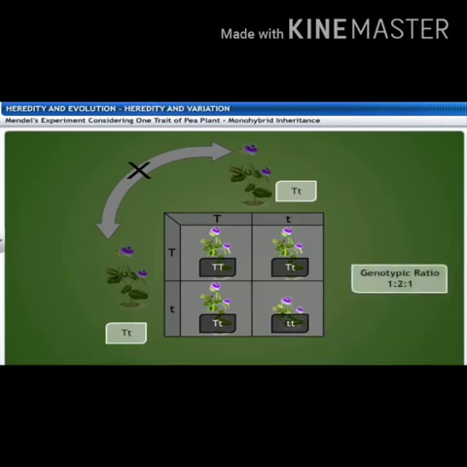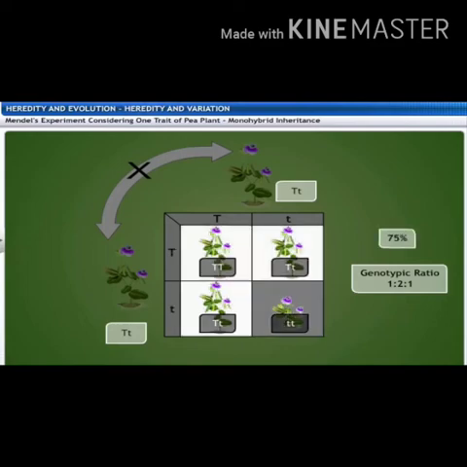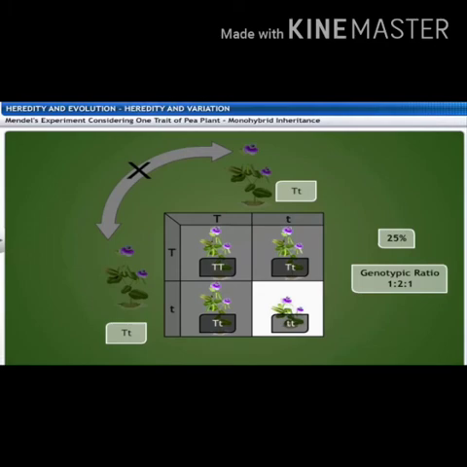This gave the genotypic ratio of 1:2:1: 1 pure tall plant, 2 hybrid tall plants, and 1 dwarf plant. Thus, 75% of the progeny produced in the F2 generation were tall and 25% were dwarf. This gave the phenotypic ratio of 3:1.